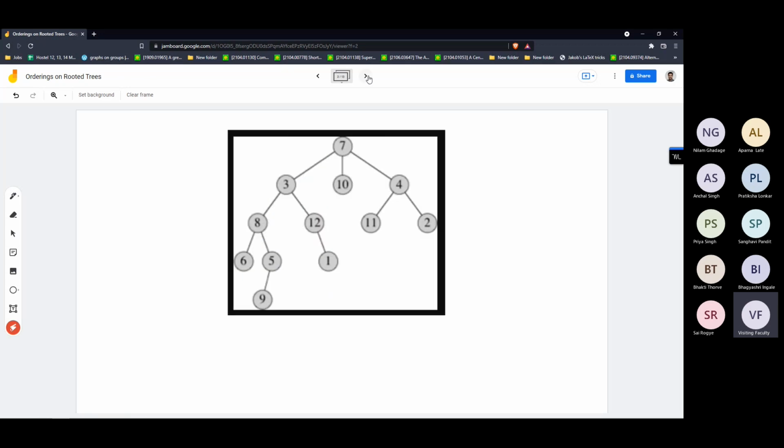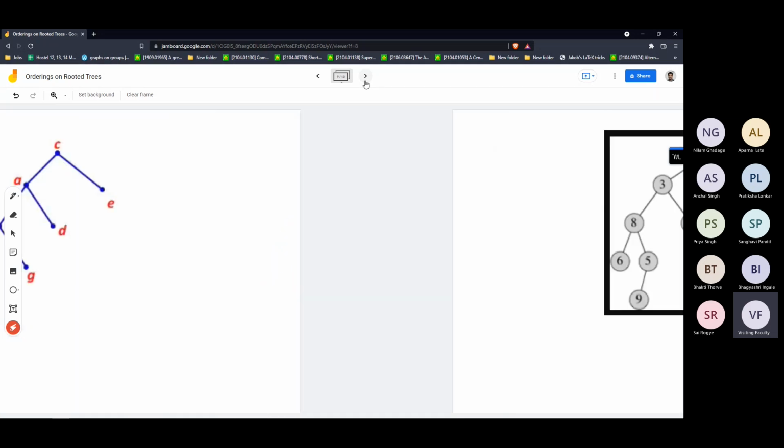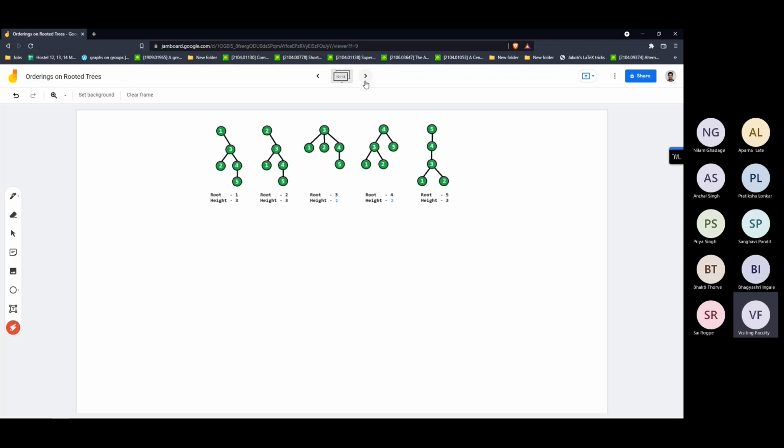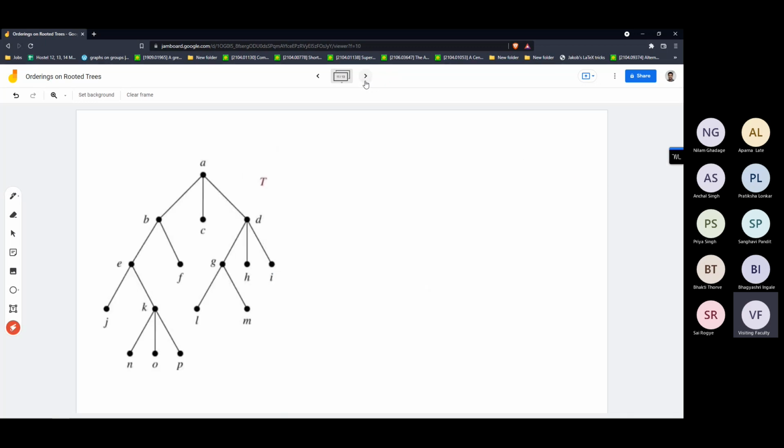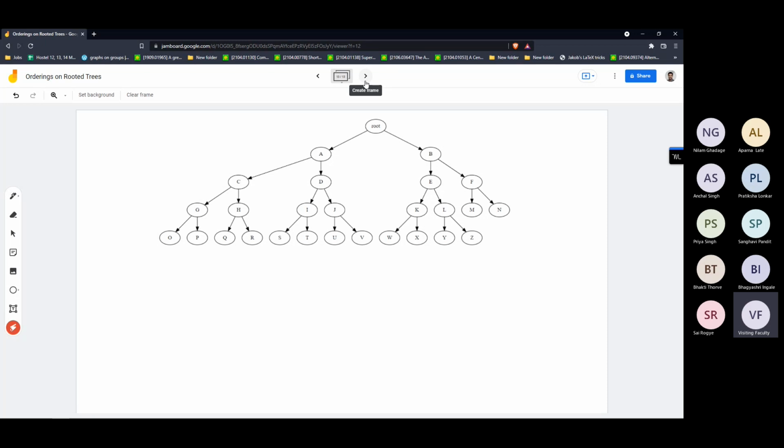And here, the left subtree of this vertex 3 is all of this. The right subtree is this. There are many more examples that I've given, and you might want to look into those.